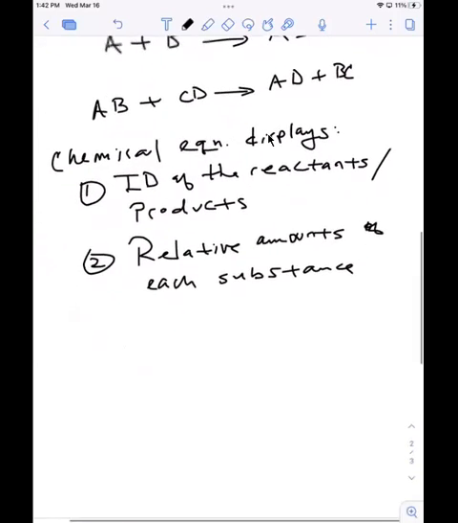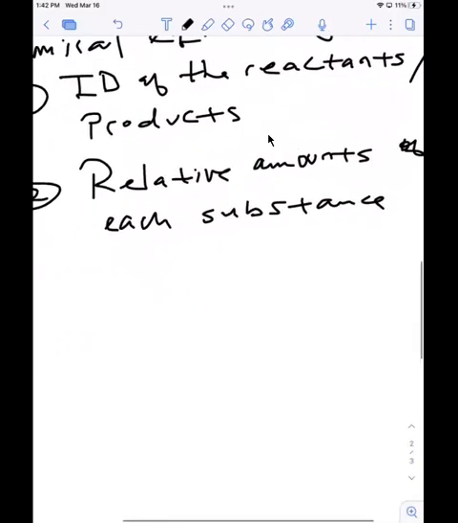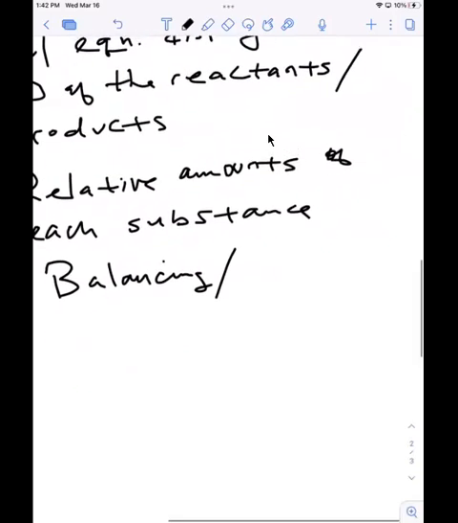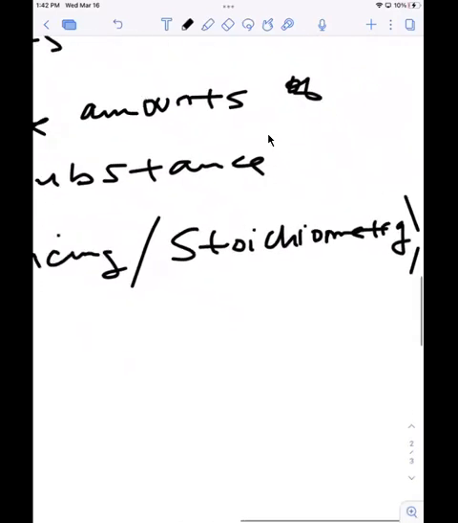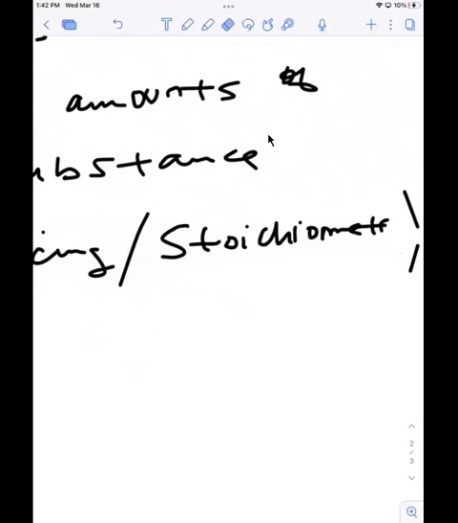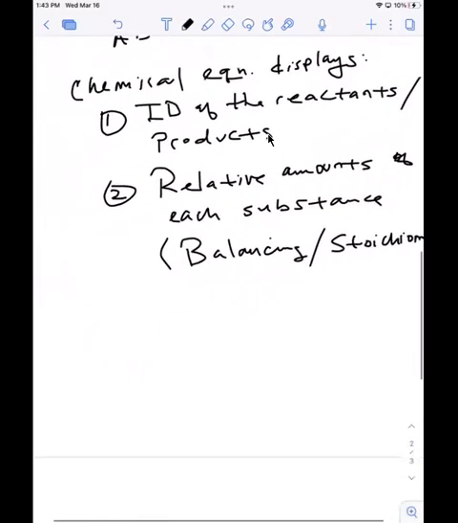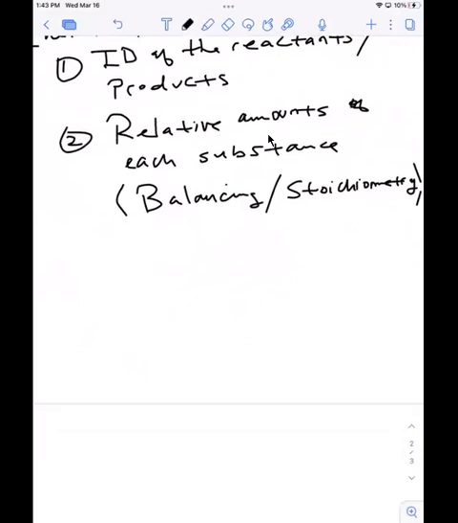The identity part, that's the nomenclature and the naming. The amounts, that's where we get into balancing and stoichiometry. When we do that, we determine the relative amounts of things that are present.